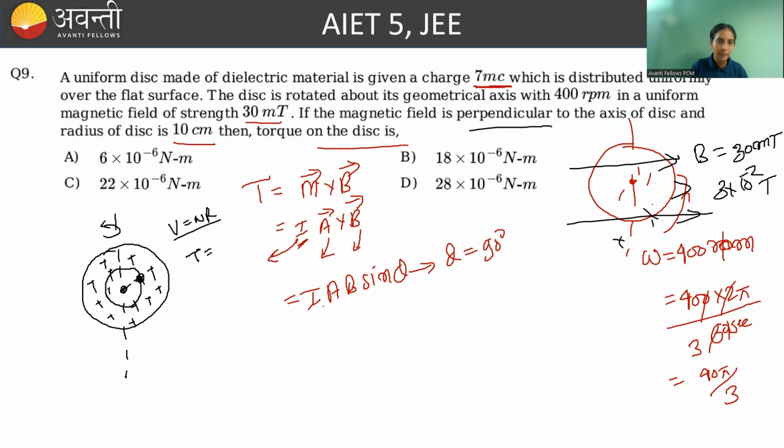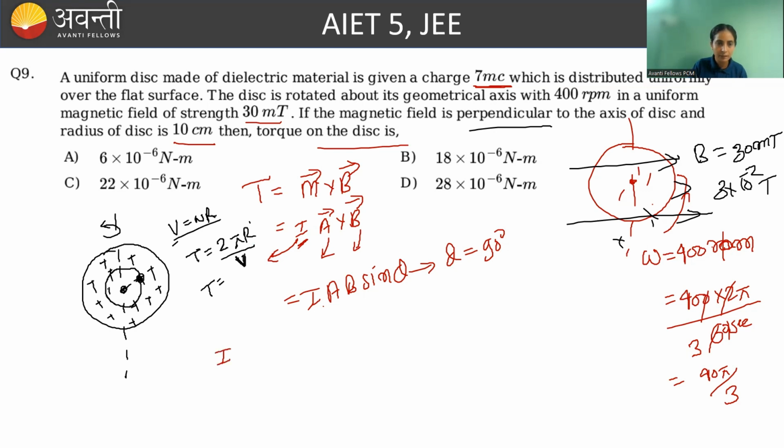Time period is equal to 2 pi r by v. And v by r is equal to omega, so time period is 2 pi by omega. If omega is constant, the time period for each charge to go round and round in the circle will be the same. So time period is same. Now current value will be how much?